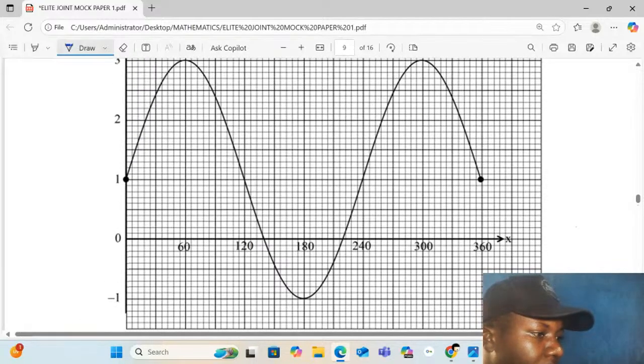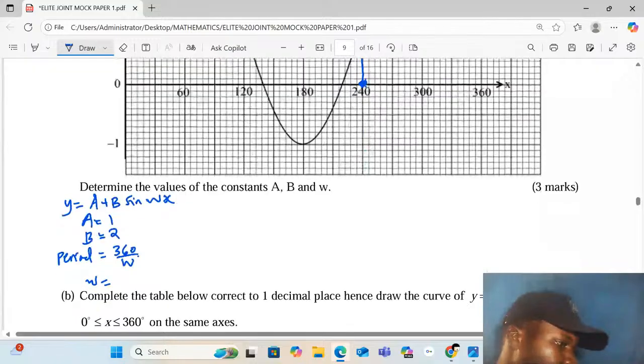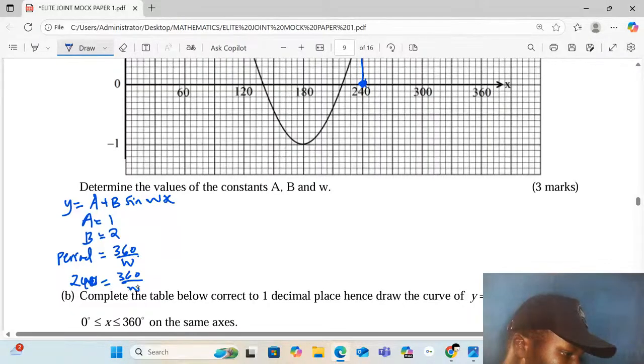The period is whereby we have one complete oscillation. We move from the start here, complete one cycle, and it ends here. So our period becomes 240, so 240 is equal to 360 divided by w.